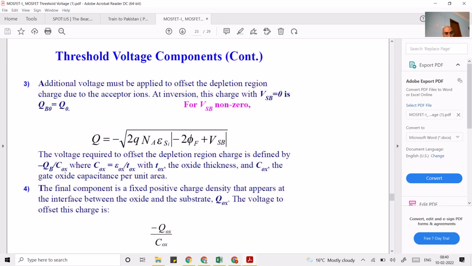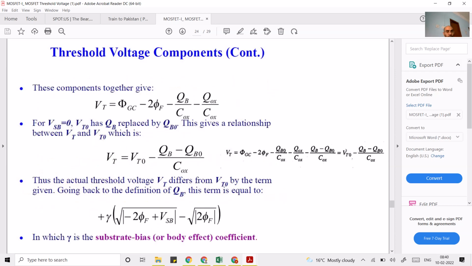You can see that all these things depend upon your doping concentration. If the amount of charge trapped in the oxide-surface interface increases, then you have to apply more voltage. If you combine all these four things, your threshold voltage equation looks something like this.